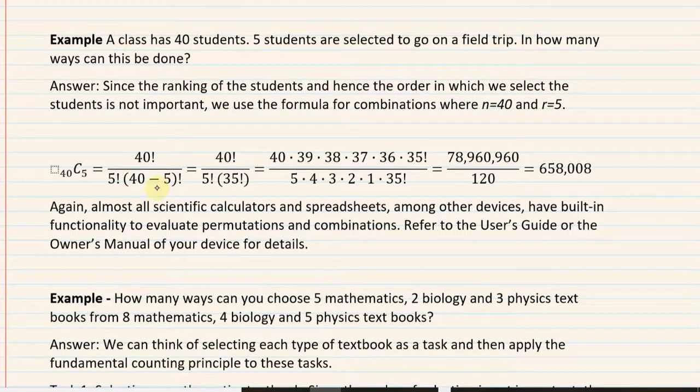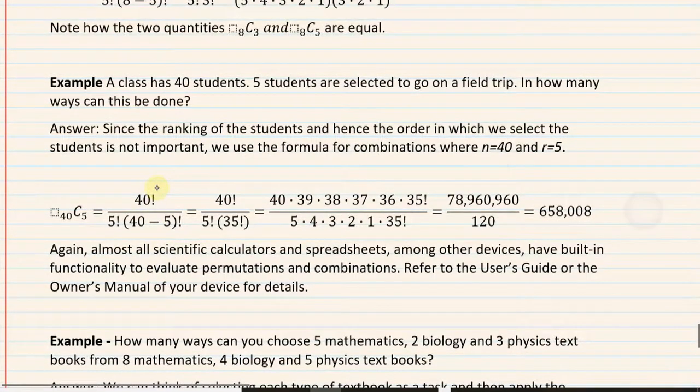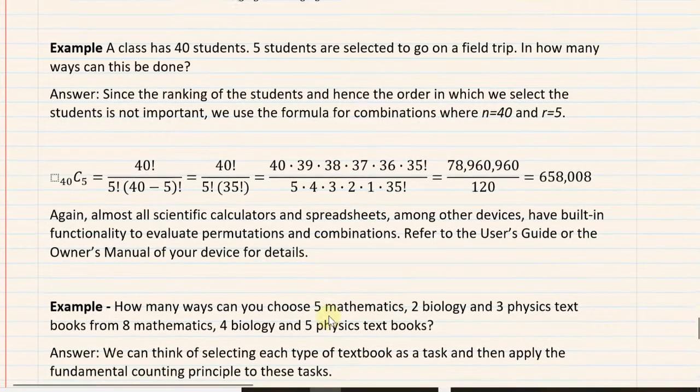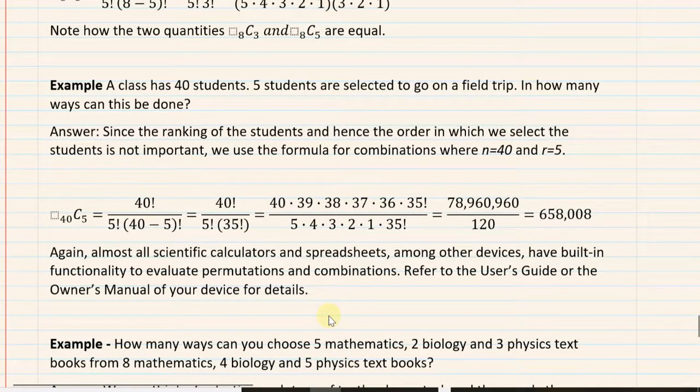In this next example, let me just hide it a little bit for now. The question reads, how many ways can you choose 5 mathematics, 2 biology, 3 physics textbooks from 8 mathematics, 4 biology, and 5 physics textbooks? Now, if you look at this one, again, we have 3 tasks, right?